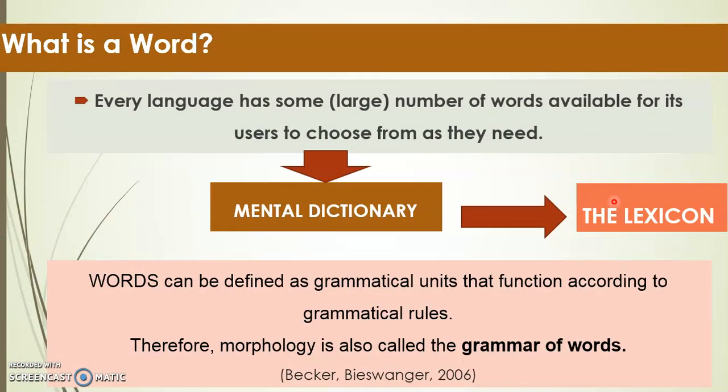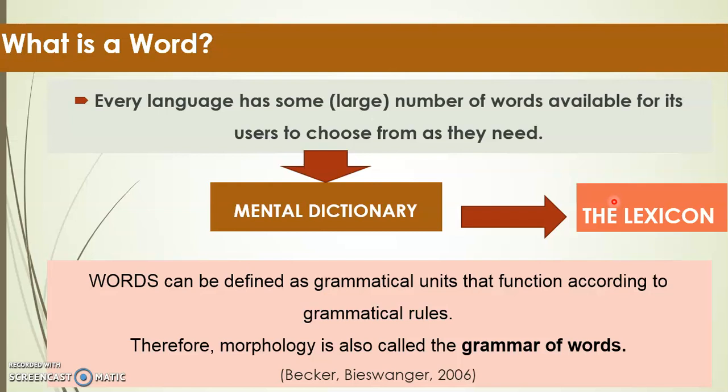Another question that we have to ask is, what is a word? We know that every language has some large number of words available for its user to choose from as they need. And that is our mental dictionary.